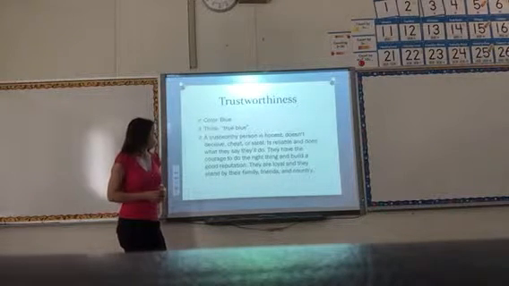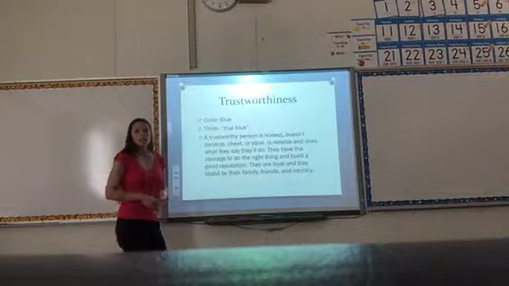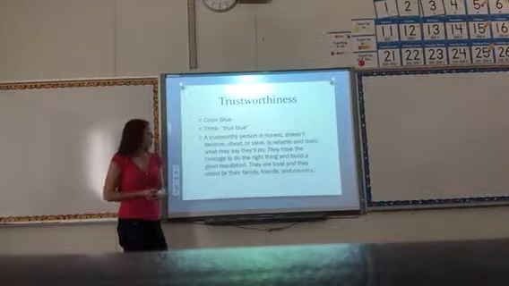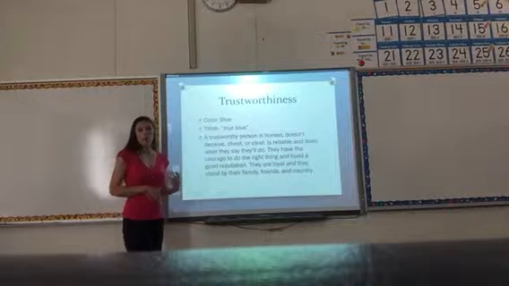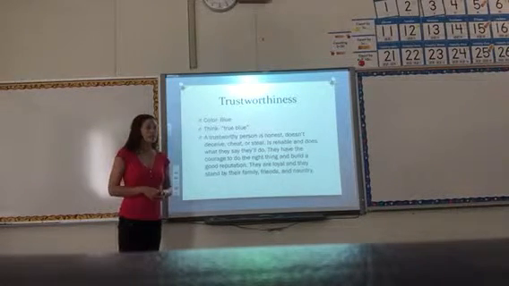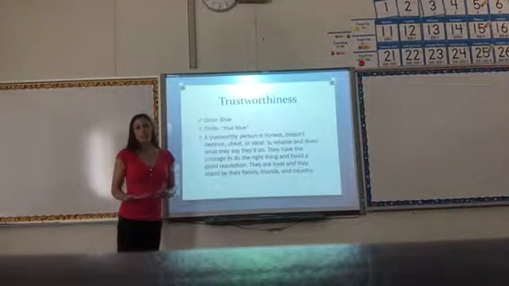They are loyal, and they stand by their family, friends, and country. So you can incorporate trustworthiness into your classroom by doing various activities and teaching them about being a trustworthy person to your family, friends, and being honest, not cheating or stealing.